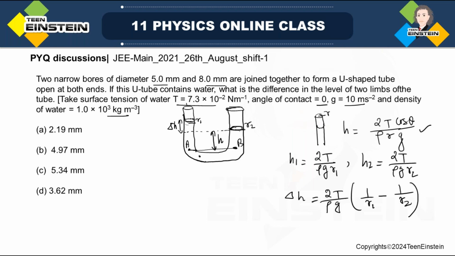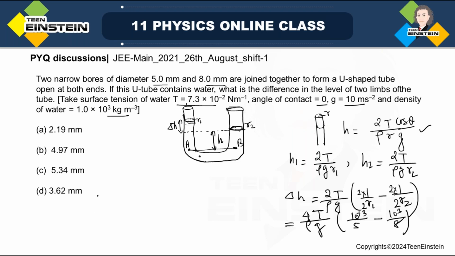Diameters are given, so let us multiply by 2 in the numerator and in the denominator both places, so I can use the diameter directly. So I can write 4T by rho g, and here I have the diameters. The diameter is 5 millimeter, that means 10 to the power minus 3, sorry, 10 to the power 3 will be here, and here also there will be 10 to the power 3, divided by 8.